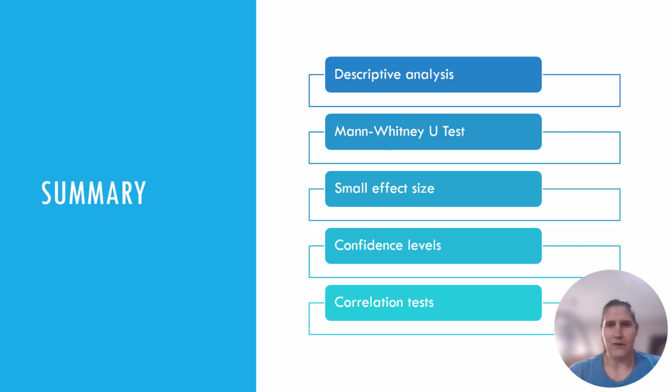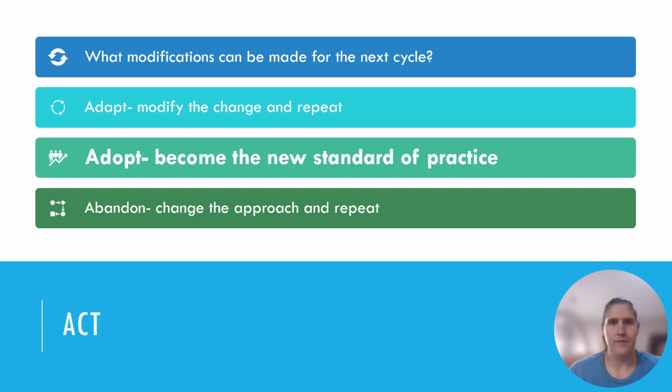The confidence interval showed vast uncertainty, which indicated the results may have been due to chance. The correlation tests between the CPOT and length of intubation and CPOT and length of stay were not statistically significant. However, the relationship between the duration of intubation and length of stay was statistically significant.